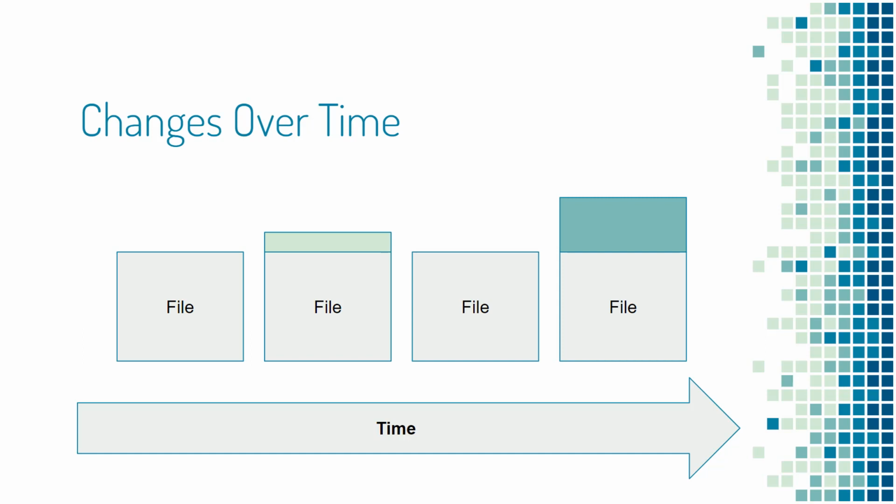Most of the time, when we are creating files or when we update some of our files, that means we do a modification on our files over time. So let's assume we first created this file here. After, let's say, the next day we updated or added some information to the same file.